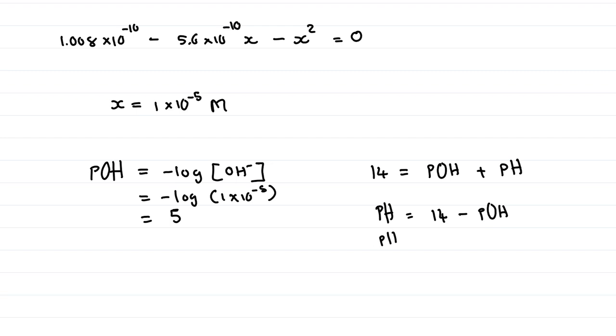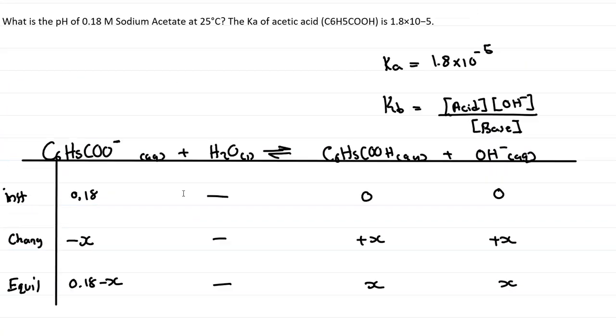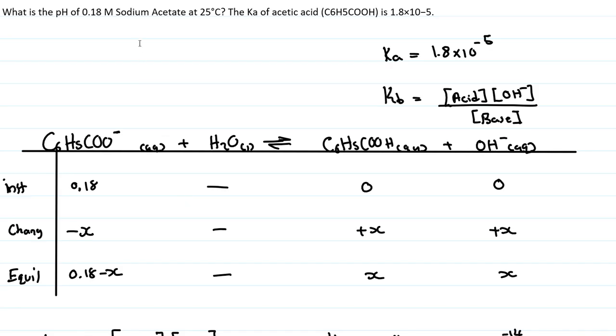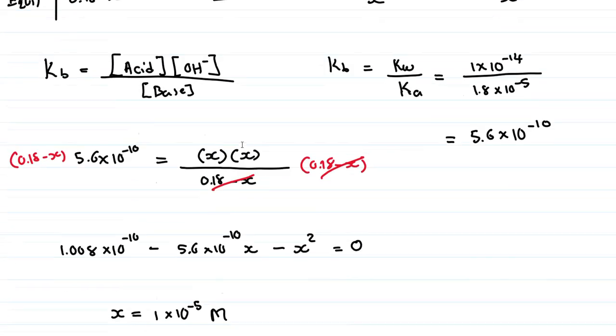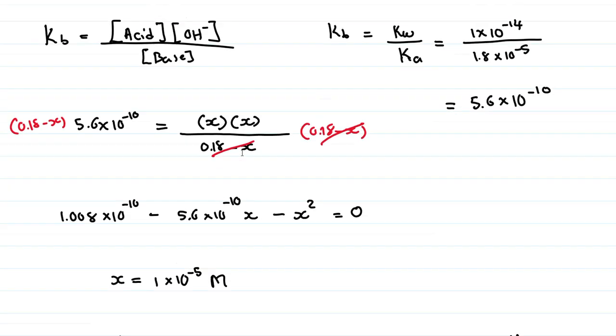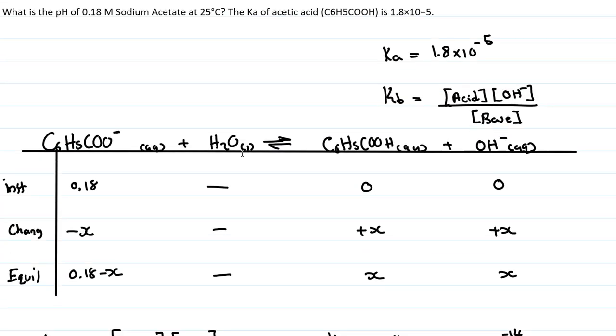So the pH is equal to 14 minus 5, and that gives us the pH of 9. When we go back to the question, it makes sense that the pH is 9 because sodium acetate is a base. And that's your final answer.